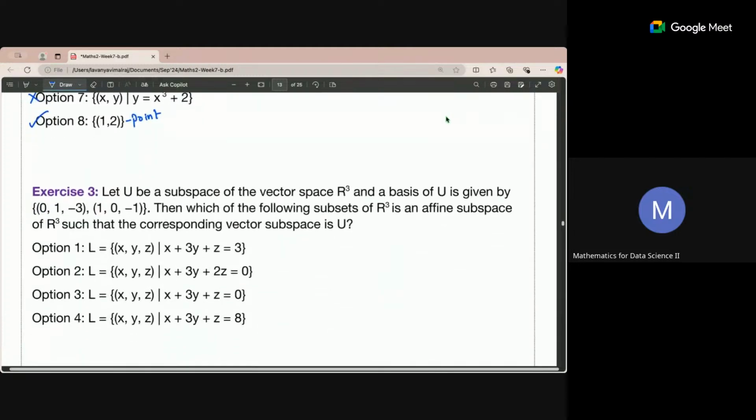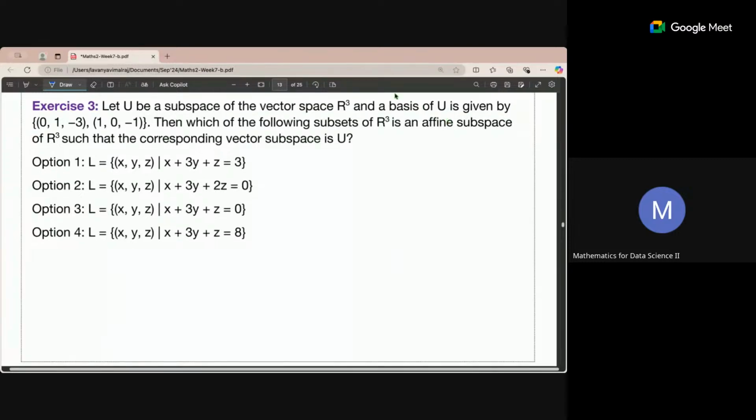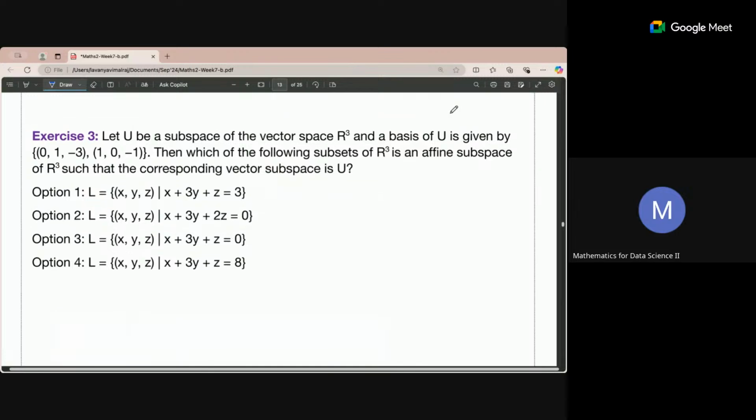Okay, fine. Now look at exercise 3. Let U be a subspace of the vector space R3 and a basis of U is given by this. First of all, are they linearly independent? These two vectors, yes. So what is the dimension of U? 2.